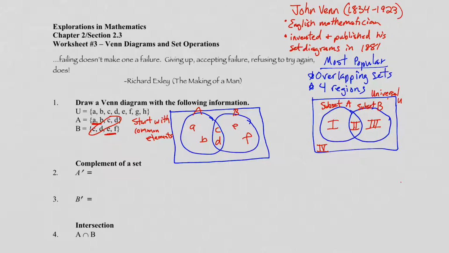So G and H are in region 4. They are only in set U, not in A or B, so we're going to put them in region 4. So G and H are going to come out here.